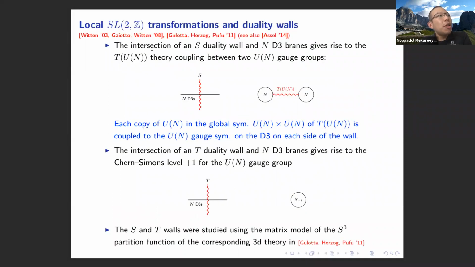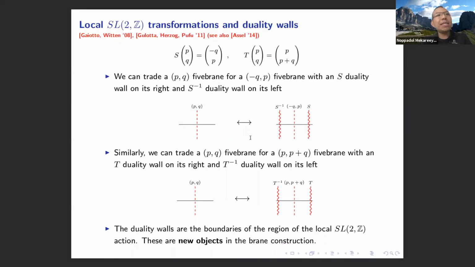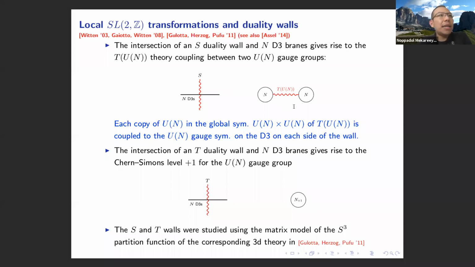The claim, mainly due to Gaiotto-Witten and Gulotta, Herzog, and Pufu, is that if you manage to isolate the action of each wall, which you can do on the level of the S3 partition function, so basically you write the S3 partition function of the (p,q) brane, and you try to isolate the action of this wall, what you will find is that it introduces a piece. So suppose you have N D3 and you isolate the action of the S wall. What you can see is that there is a U(N) x U(N) symmetry coupled by T[U(N)].